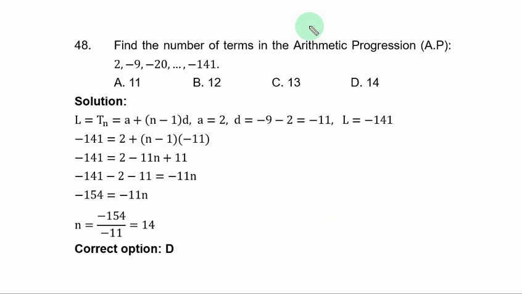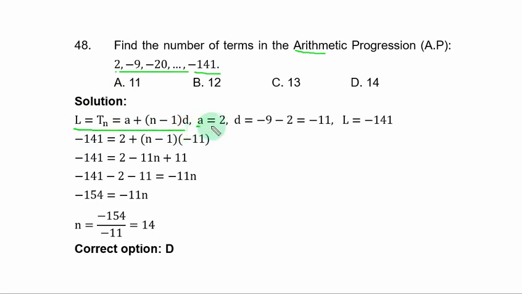Question 48. Find the number of terms in the arithmetic progression AP: 2, minus 9, minus 20, up to minus 141. So you have the last term. In an AP, the last term is also obtained using the nth term formula. So you have this formula.